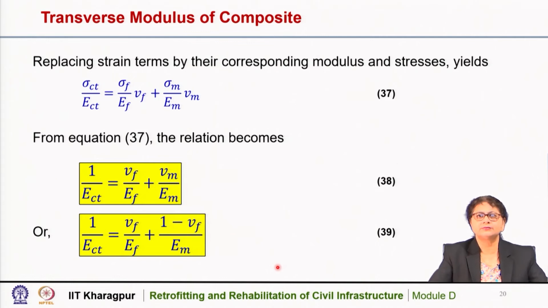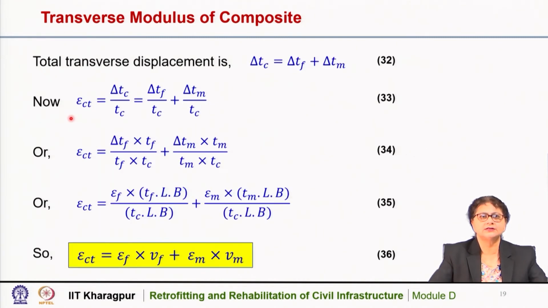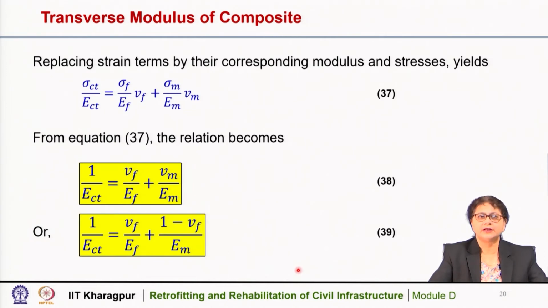Replacing strain terms by their corresponding modulus and stresses, we get sigma Ct by Ect. We are replacing epsilon Ct is equal to epsilon f into Vf plus epsilon m into Vm with sigma and E. So, sigma Ct by Ect is equal to sigma f by Ef into Vf plus sigma m by Em into Vm.